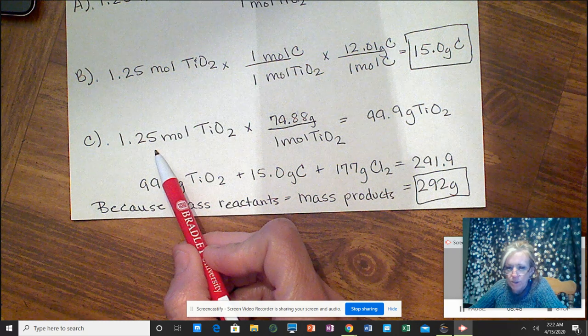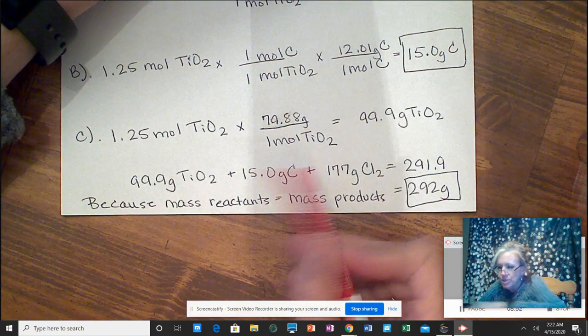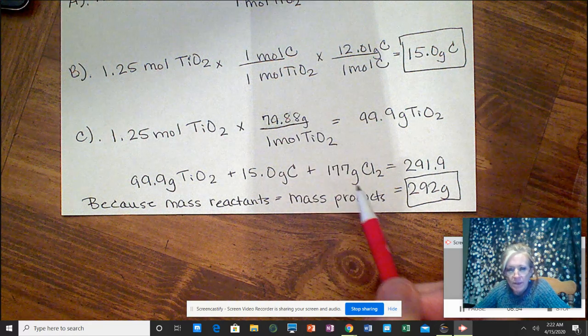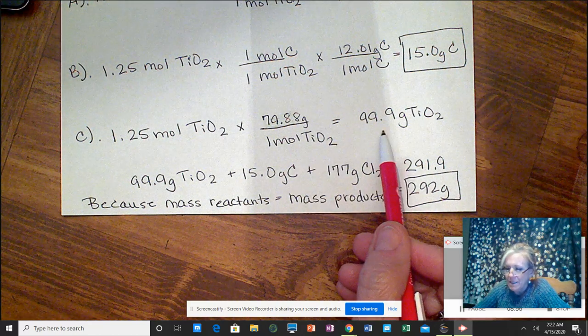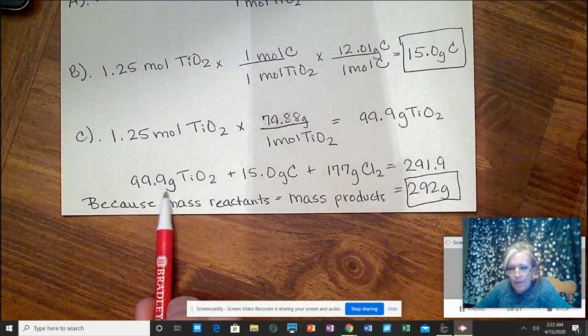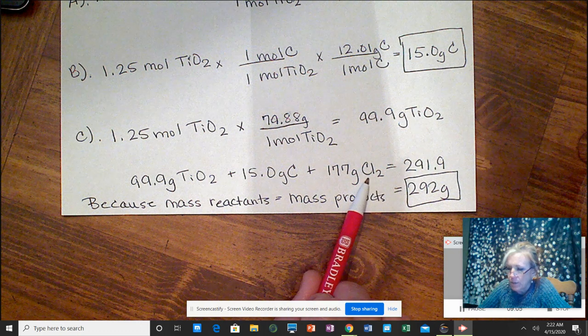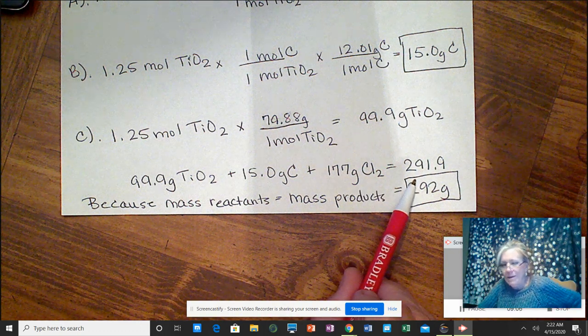I've already done 2, and this was a real simple mole to mass problem. So I took 1.25 moles of TiO2, change that to grams. This is my molar mass on top. I get 99.9 grams of TiO2. I add up my titanium oxide, my carbon, and my chlorine, and I end up with 291.9.